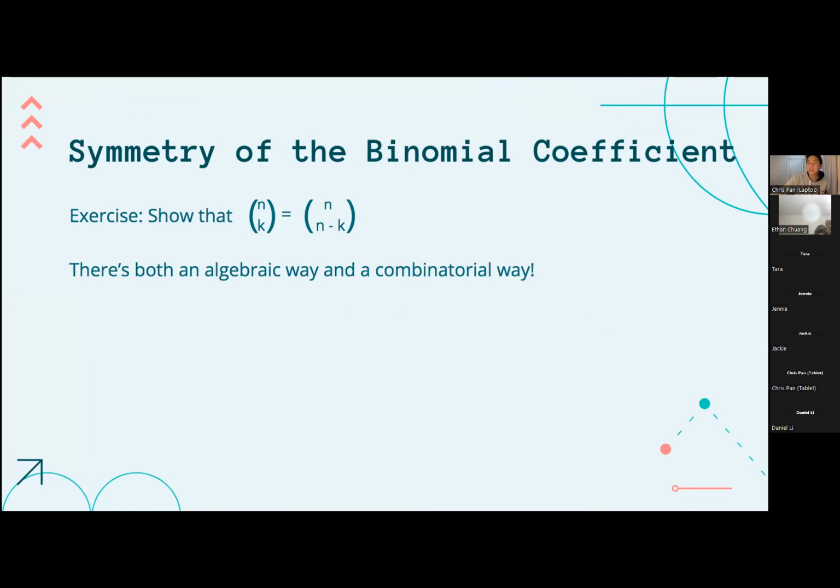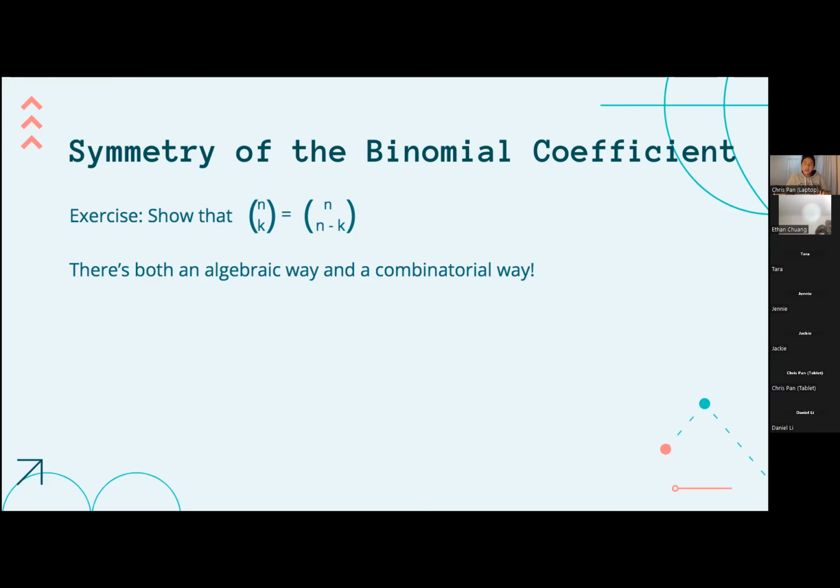Okay, I won't give you guys time to solve this question because we're running a little bit on time. I'll just say that if you plug this into the formula, you're going to show they're equal, right? But I'll talk about the combinatorial way, which is I guess a more intuitive way of showing it's true. So imagine you have n objects and you want to choose k of them to form a group, right? Well, how could you do that? First of all, you could just choose k objects from these n objects, right? That's pretty obvious.